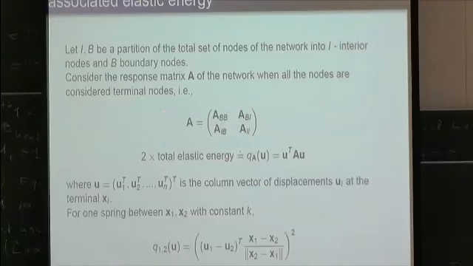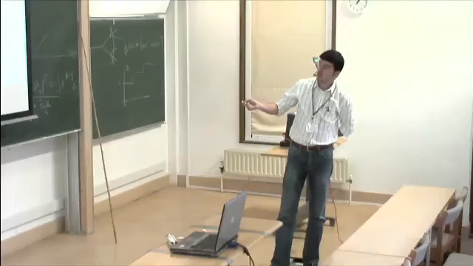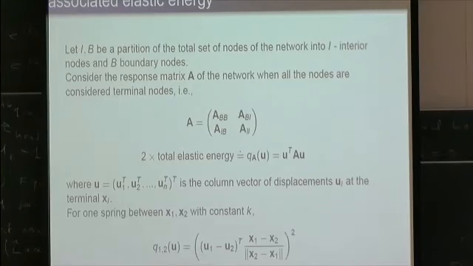The matrix will be A, with interactions given by this block matrix where ABB accounts for interactions between boundary nodes, ABI for interactions between boundary nodes and interior nodes, and AII for interactions among the interior nodes. And you have that the total elastic energy is related to this quadratic form.